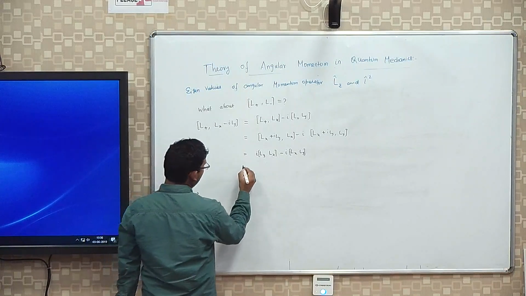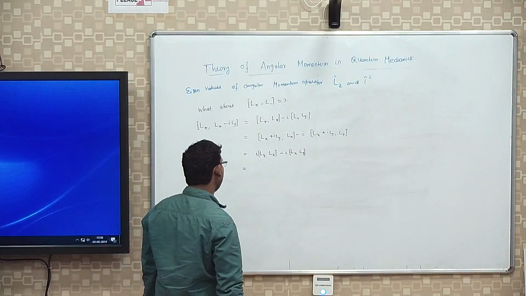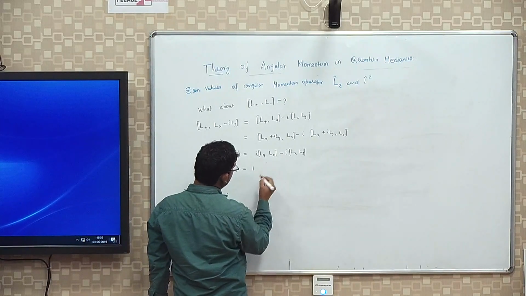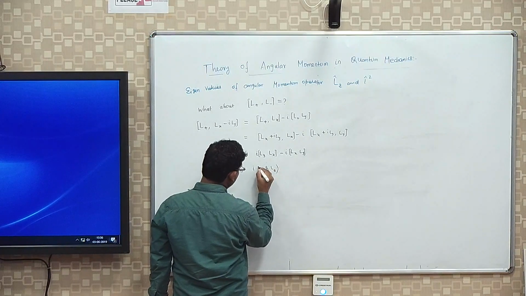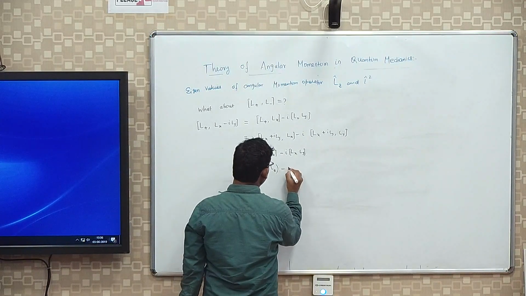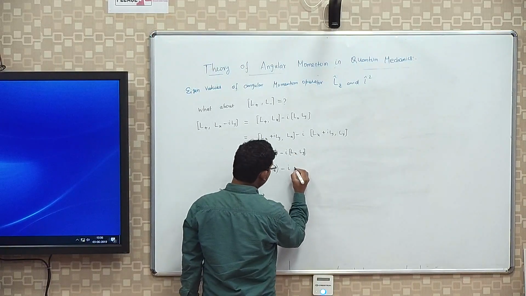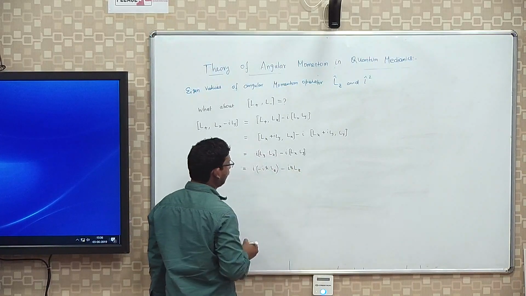Looking at this, it is a non-cyclic permutation, so i Ly Lx gives minus i h cross Lz. Then minus i, so xy is a cyclic permutation, gives i h cross Lz.